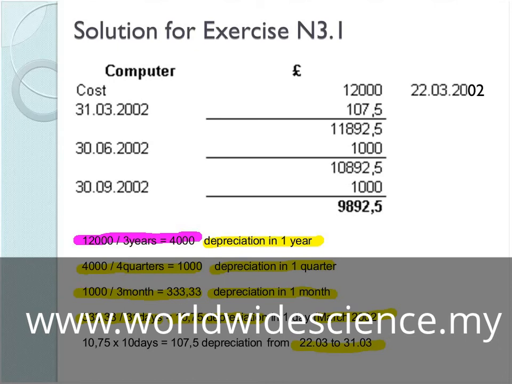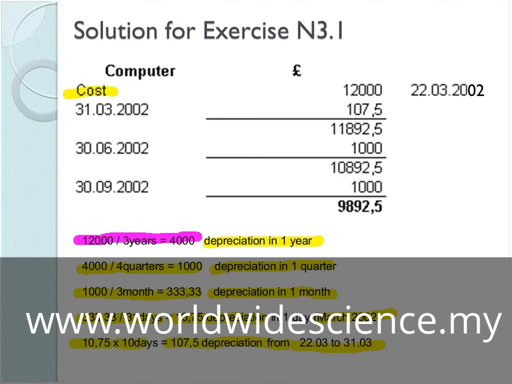We have 10 days, right? And here is the depreciation for 1 day, which is equal to 10.75. We multiply by 10 days, and now we get the depreciation for 10 days, which is 107.5, right? And just now I have shown you the cost.